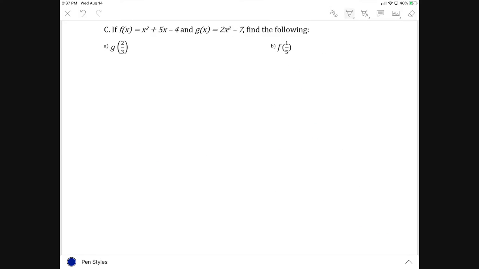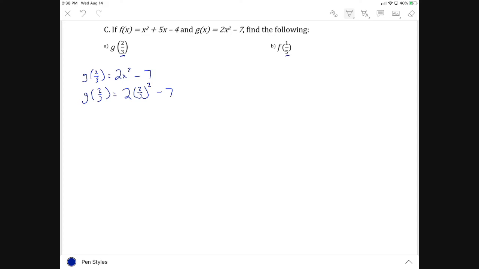All right, we're going to do the same thing but with new equations. So we've got our g of 2/3. So we're going to do g of 2/3, and we're going to plug in the g of x equation. So we've got g of 2/3 equals 2x squared minus 7. So we're going to plug that 2/3 into x. So g of 2/3 equals 2 times 2/3 squared minus 7.